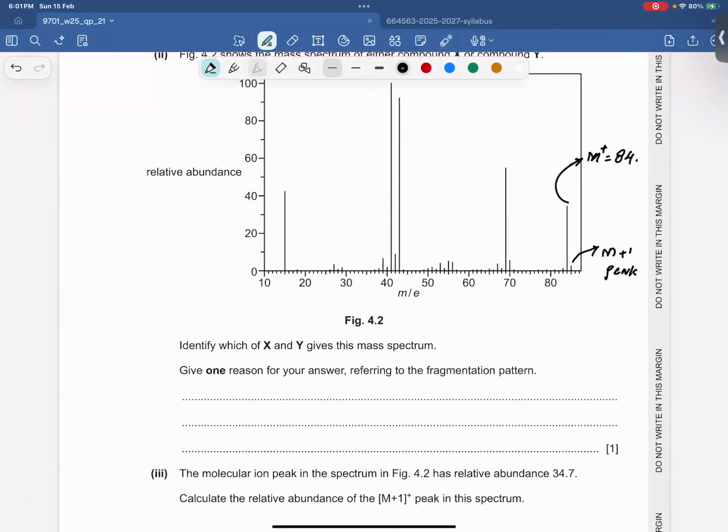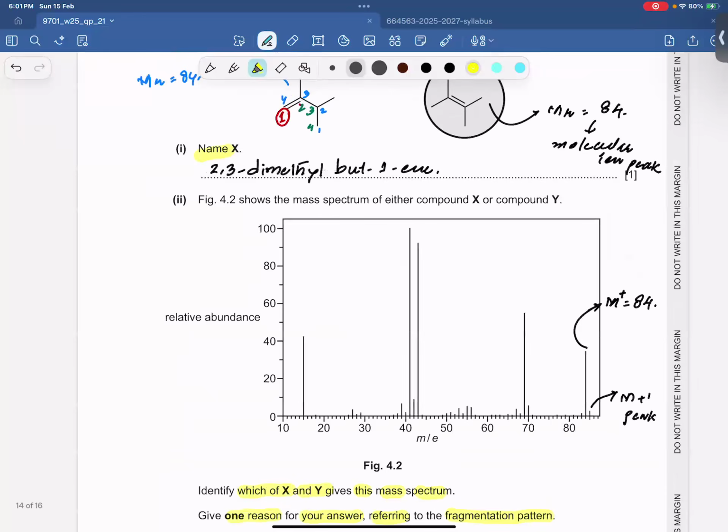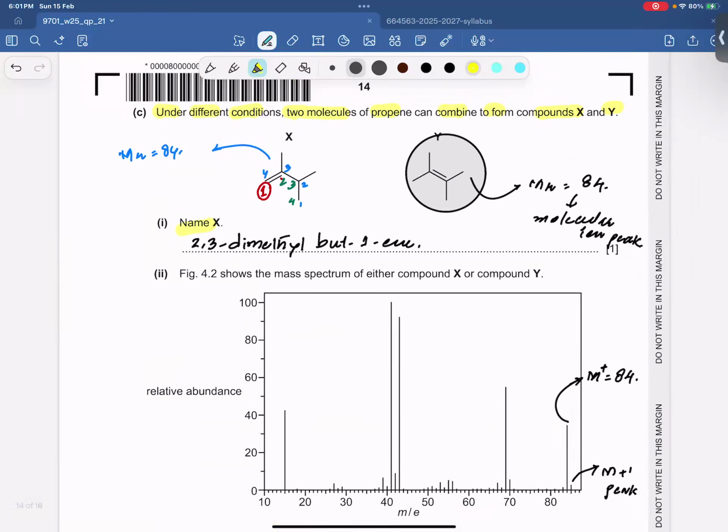Identify which X and Y give this mass spectrum. Give one reason for your answer referring to the fragmentation pattern. My bad. Hold on. 15, hold on. 15, 45 plus.